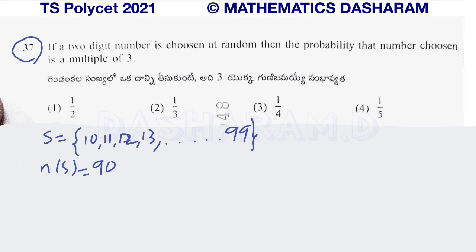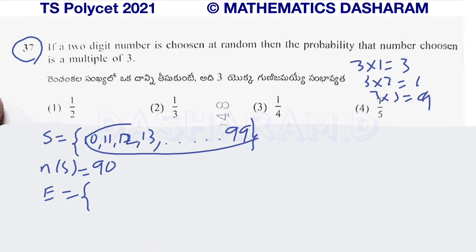So now the event E equal to selecting a 2-digit number which is a multiple of 3. Multiple of 3 means 3 ones are 3, 3 twos are 6, 3 threes are 9. So these are called the multiples. But he is asking for 2-digit numbers. From these 2-digit numbers, what are the multiples of 3?